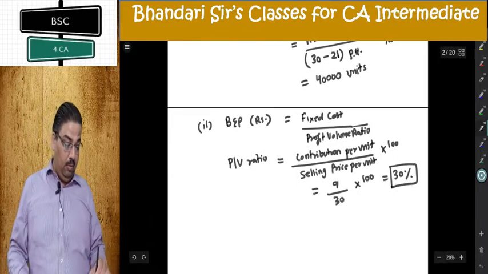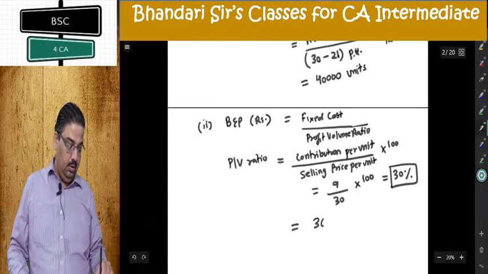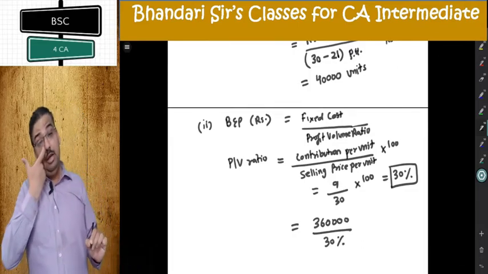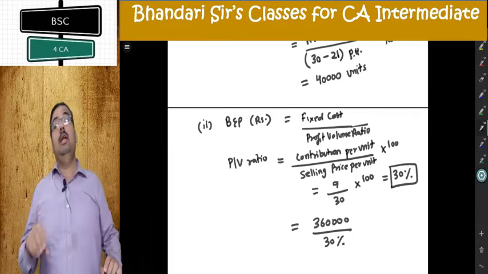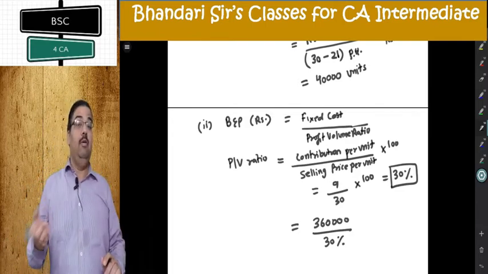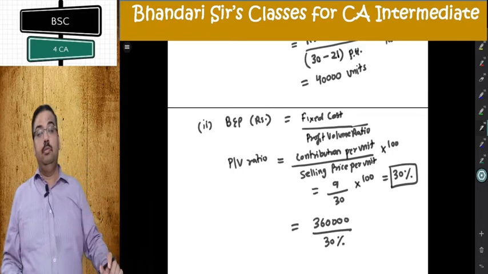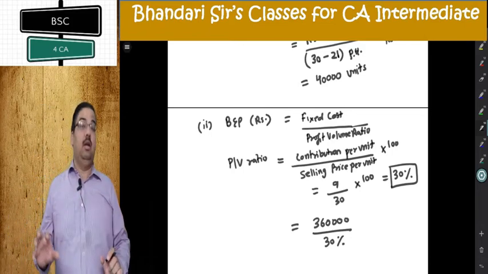Now, applying the formula, 3,60,000 divided by 30%. Now, be very sure, 30% implies 0.30. Don't write it divided by 30 in your calculator. 3,60,000 divided by 30 nahi karna.